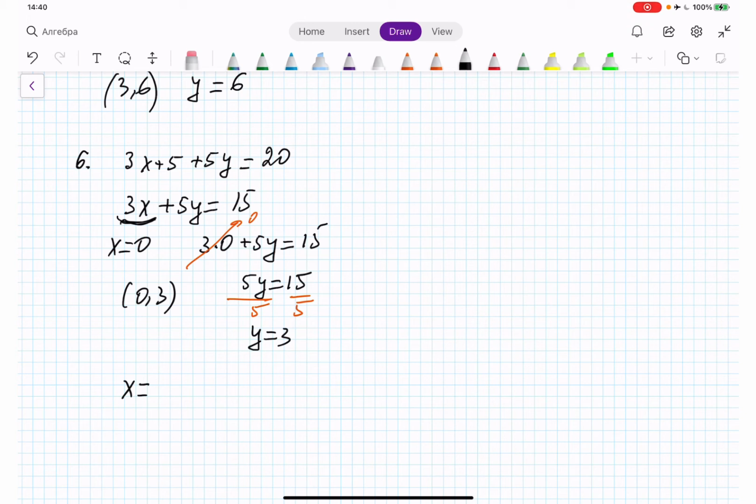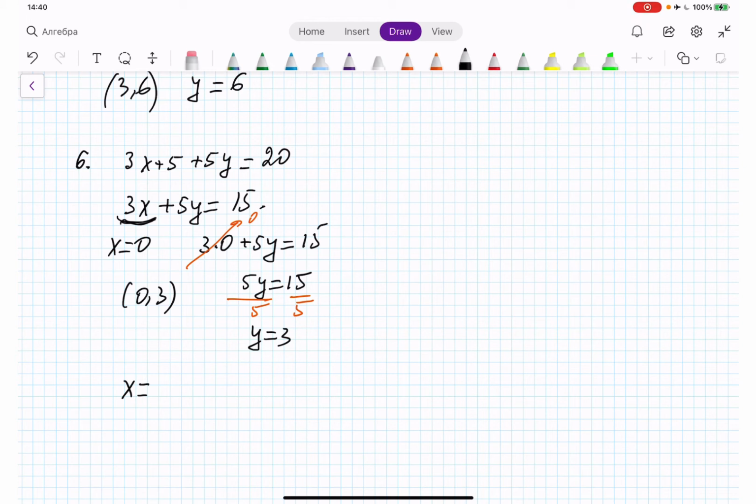Will I be able to do that? 6, no, 2, 3, 9, no, it's not going to work, looks like I'm going to hit some fraction, unless I take 5.